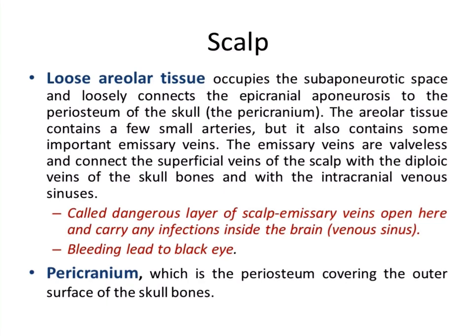The emissary veins connect the superficial veins of the scalp with the diploic veins of the skull bone and the intracranial venous sinuses. So it connects the superficial veins of the scalp with the veins inside the brain. For that reason, we call it the dangerous layer of the scalp, because it contains the emissary veins.